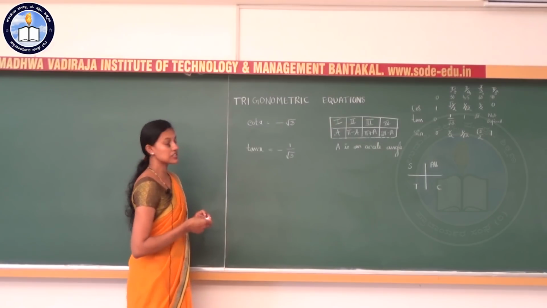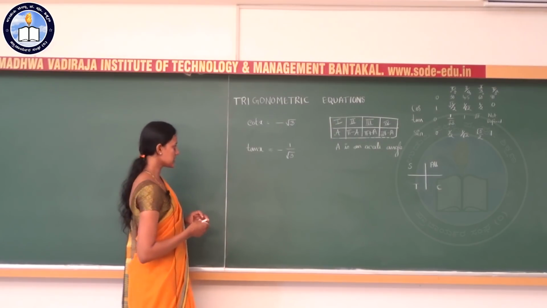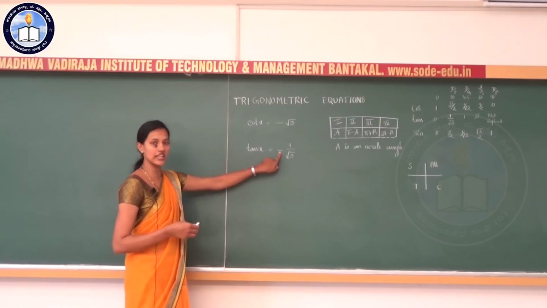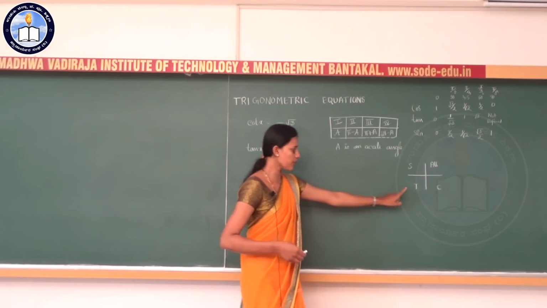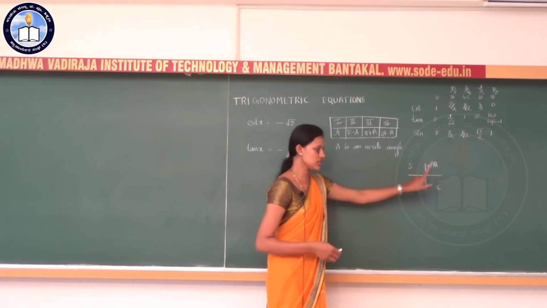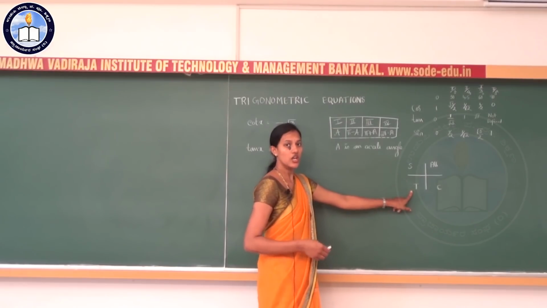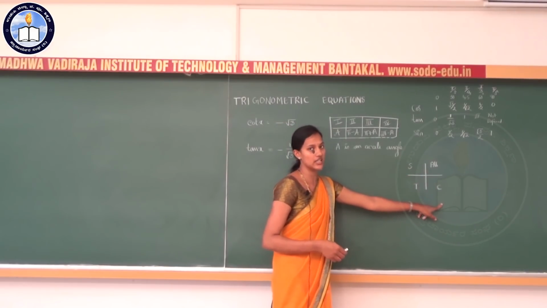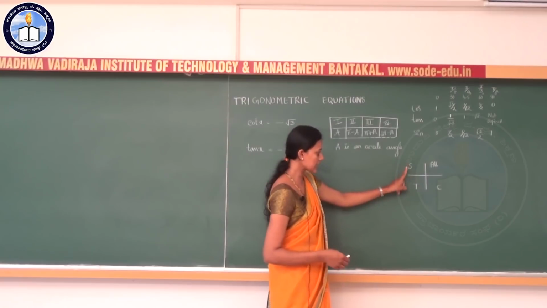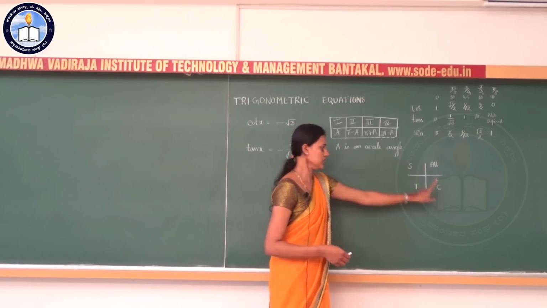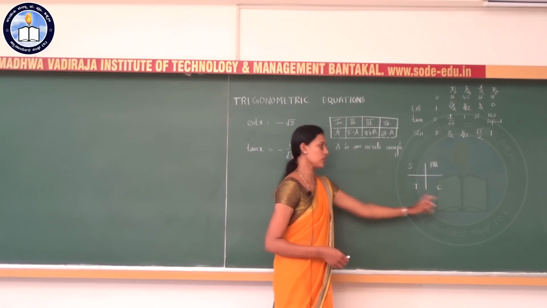Now, to find the principal solutions, first we see that tan is negative. Tan is positive in first and third quadrants. So, in the other two quadrants tan is negative. So, tan is negative in second quadrant and in fourth quadrant.